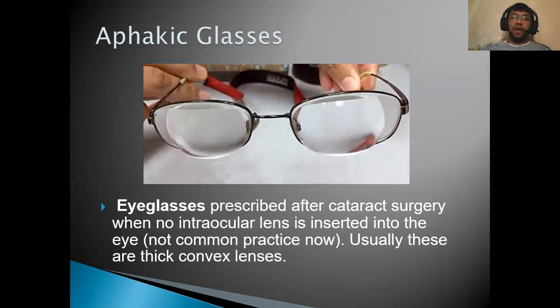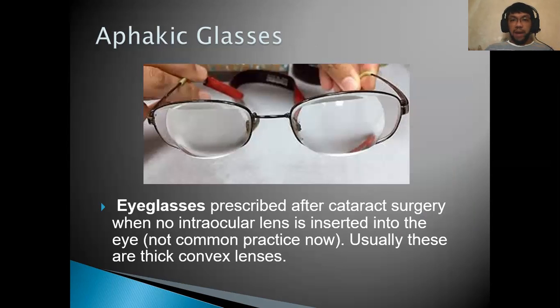Now, aphakic glasses are eyeglasses prescribed after cataract surgery if no intraocular lens is inserted into the eye. But this is no longer a common practice now. Usually these are thick convex lenses, as you can see here in this picture.